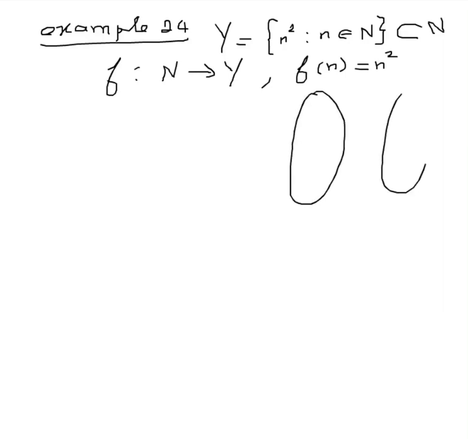Let me show it using the arrow diagram. N has 1, 2, 3, 4, etc. And in Y set we have only perfect squares. 1 square, 2 square, 3 square, 4 square, etc.